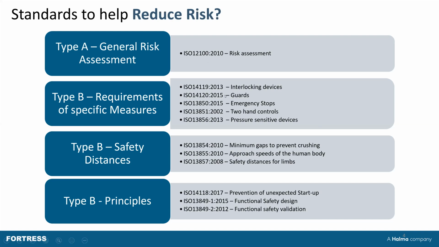But in terms of requirements on specific devices and when those are suitable, you've then got a bunch of different type B standards around each individual type of device, and then you've got things on safety distances depending on crushing gaps, approach speeds, different sizes and speeds of different limbs.